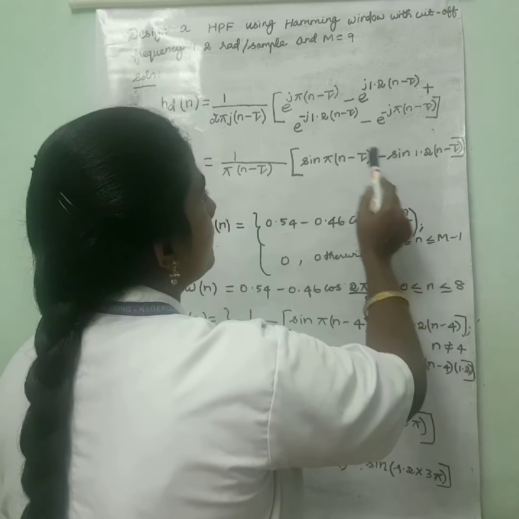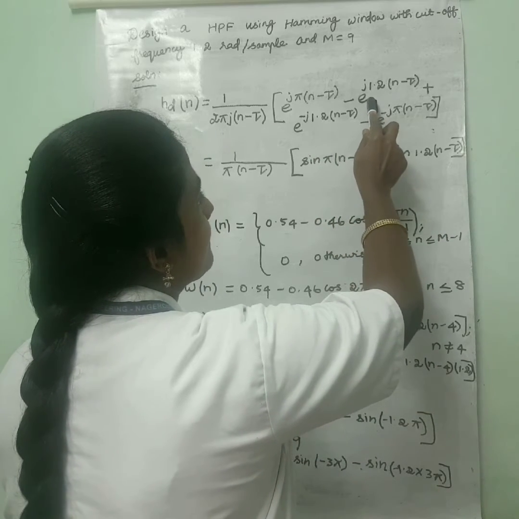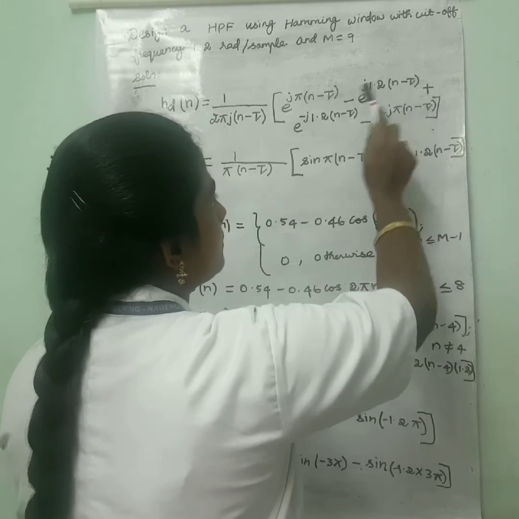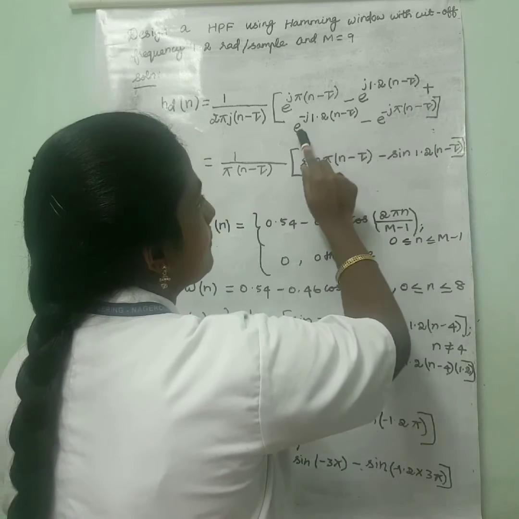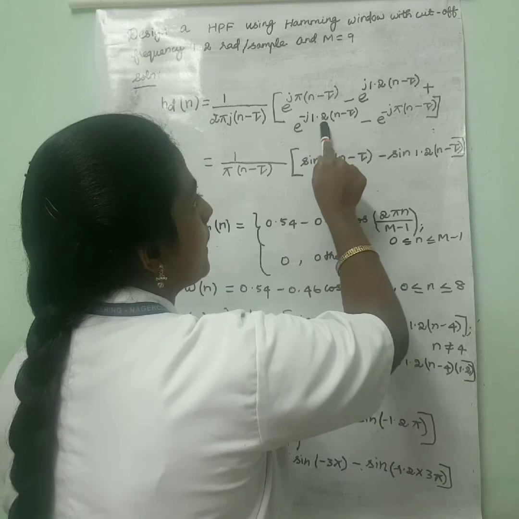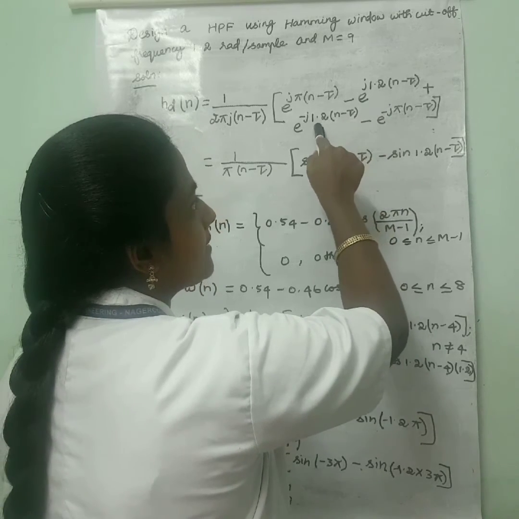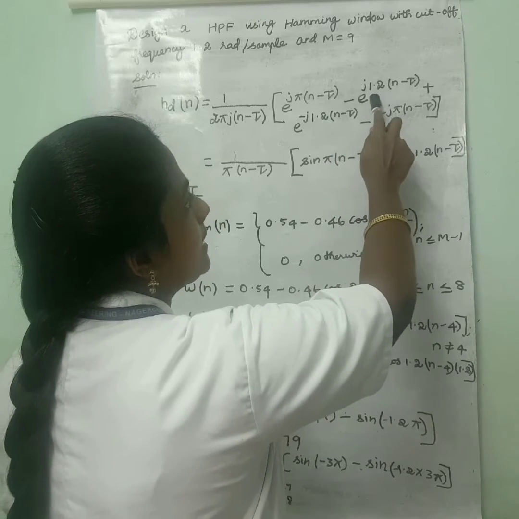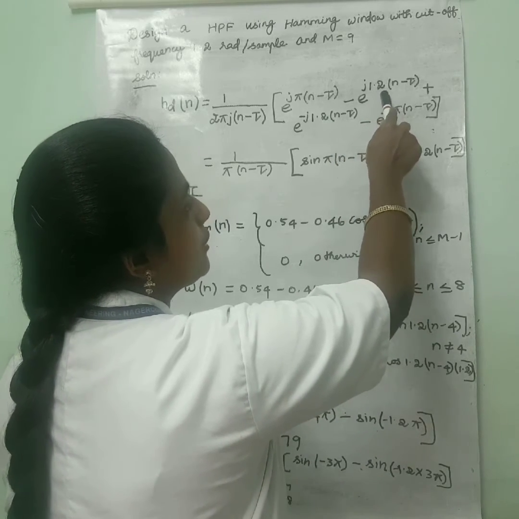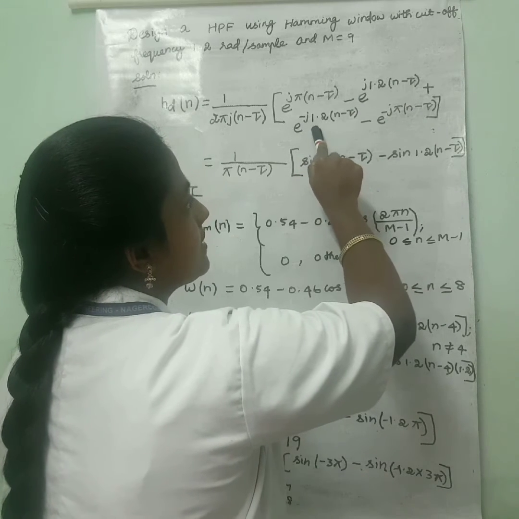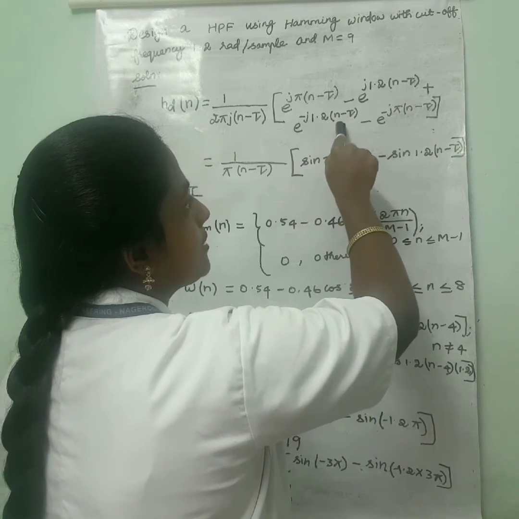Similarly here also we have minus e^(j1.2(n−τ)) plus e^(−j1.2(n−τ)). Here we can take one minus outside, so you will get e^(j1.2(n−τ)) minus e^(−j1.2(n−τ)).